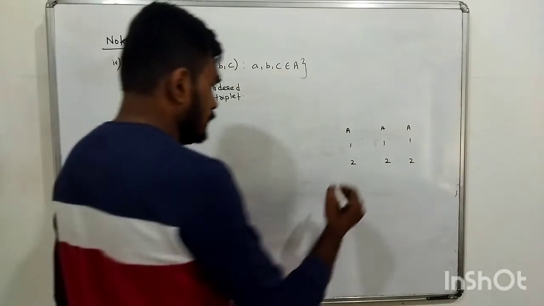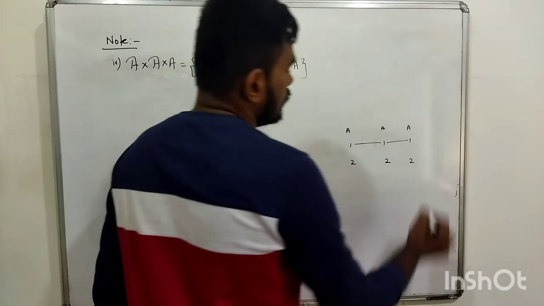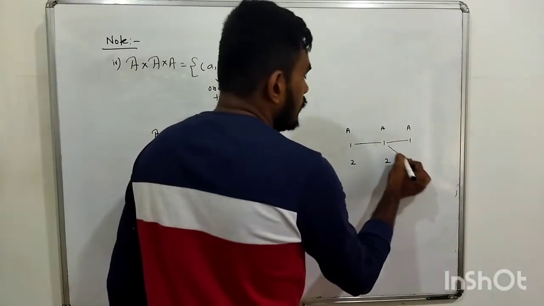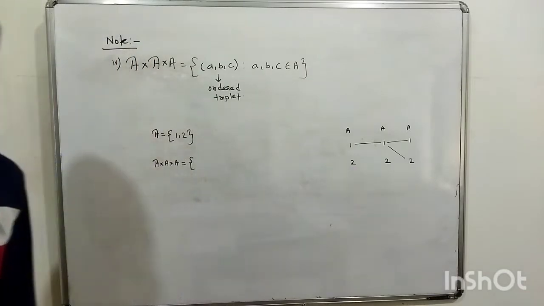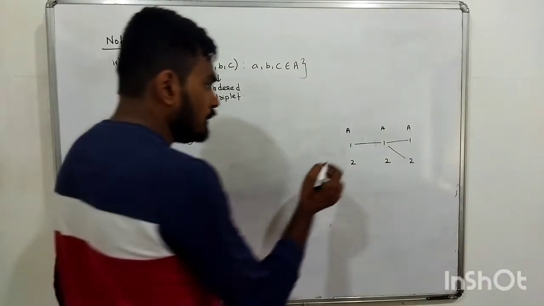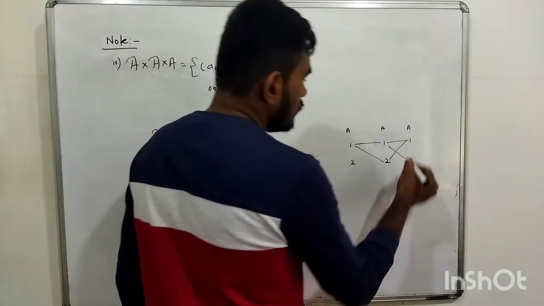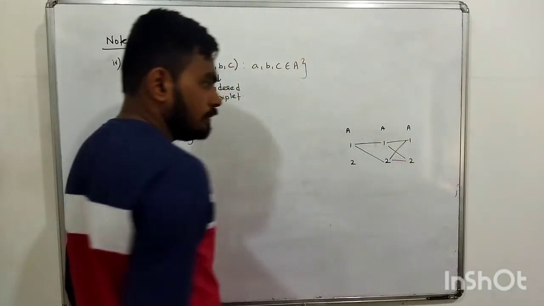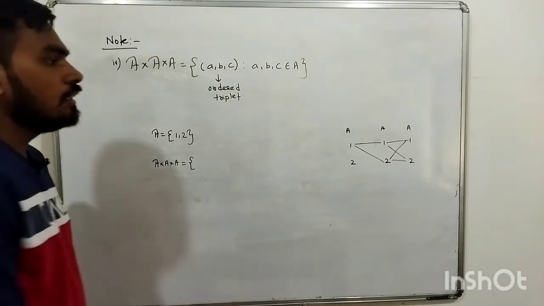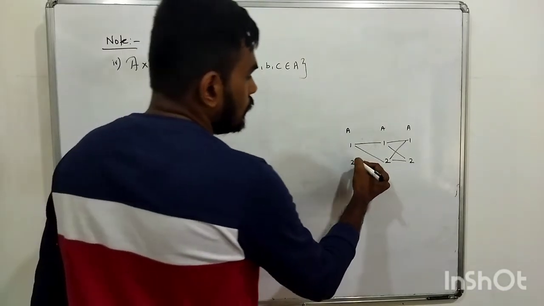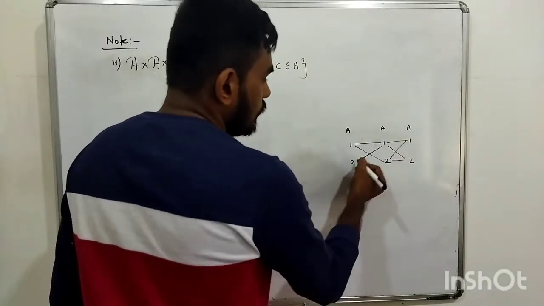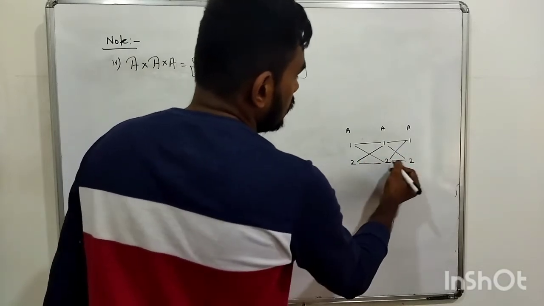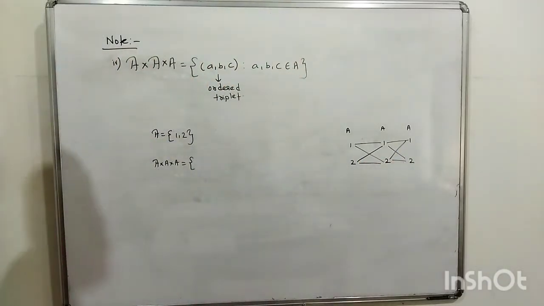We can have either 1, 1 and 1, this is one triplet, or 1, 1 and 2, the second triplet. Similarly we can have 1, 2 and 1, and 1, 2 and 2. Similarly with 2 we can have 2, 1, 1; 2, 1, 2; 2, 2, 1; and 2, 2, 2. So these are all the different triplets.